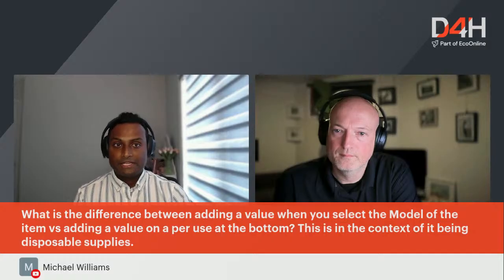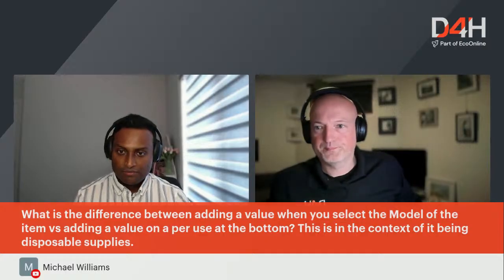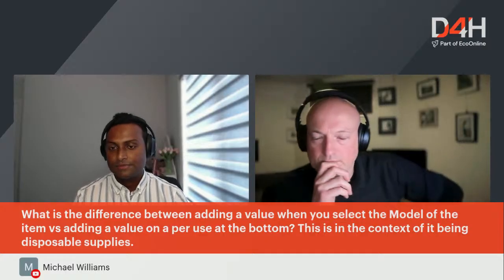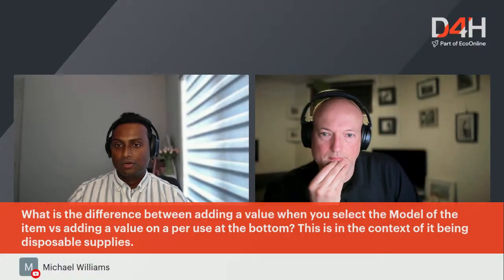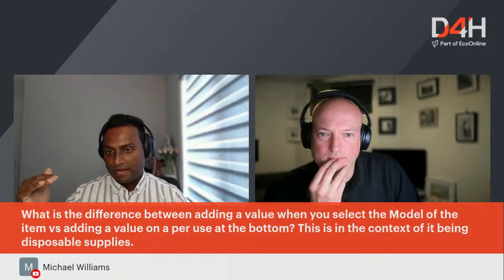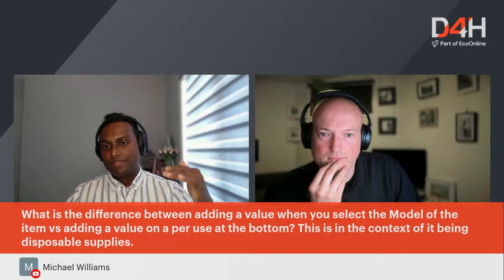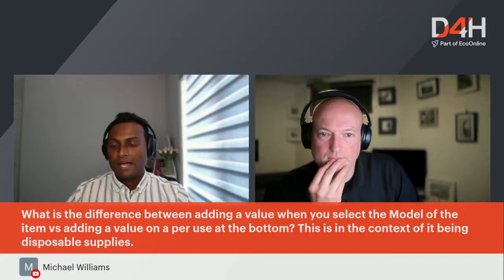And in terms of why we have it at two places, if you are going to be getting items that have identical expiry dates, cost per use and all that, you can define that at the kind level, or else you can have these cost per use defined at the item level.